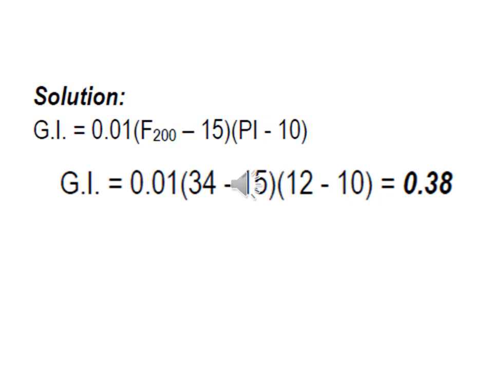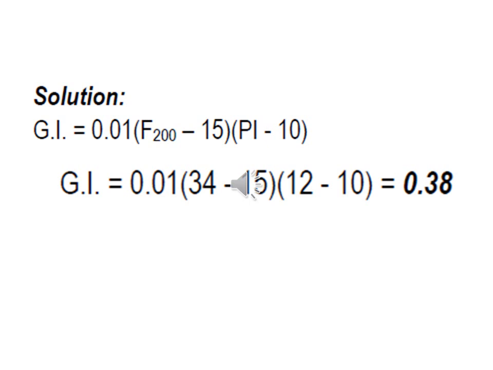So for the solution in this problem, we need to recall the formula from the AASHTO. For the partial group index formula, we have GI equals 0.01 times quantity percent finer at sieve 200, or F200, minus 15, close, multiplied by plasticity index minus 10.